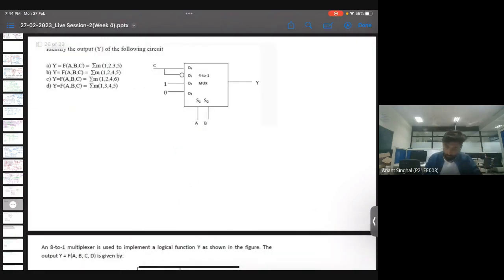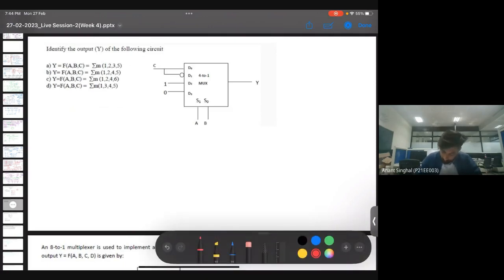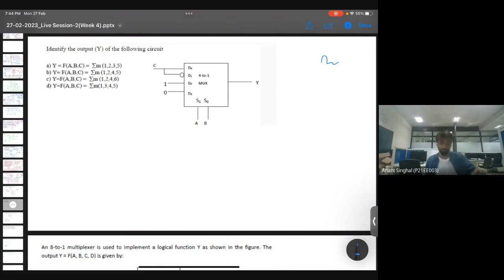So you can try this again, a simple question. I'll give you 2 minutes. Maybe you can give me the answer. So this dot represents not gate.